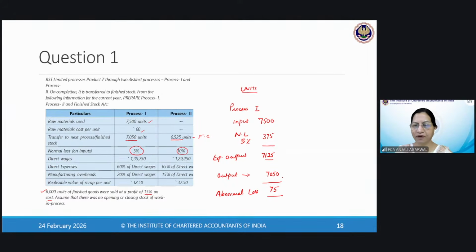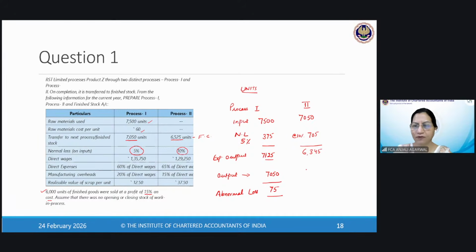So where have these 75 units gone? They become abnormal loss. Process 2: how many units entered process 2 from process 1? 7,050. Nothing is purchased from outside. What is the normal loss? 10%. So 705 units should be lost in the process. How many units should we have then? 7,050 minus 705, so we should be having 6,345 units.